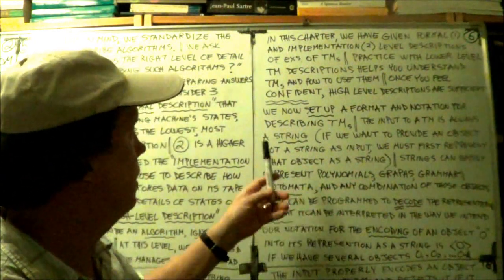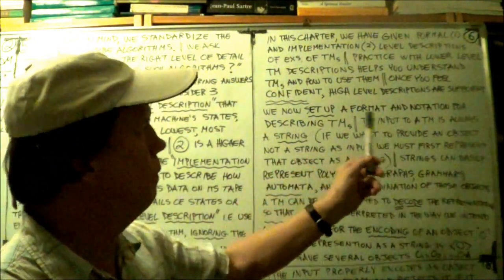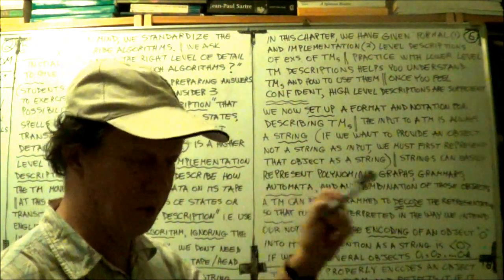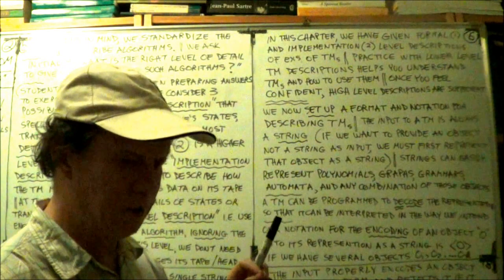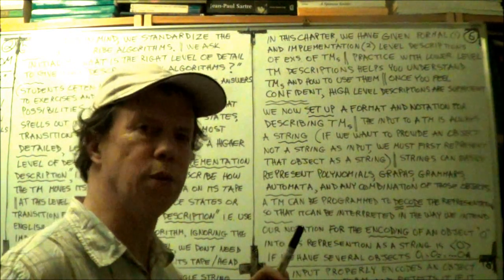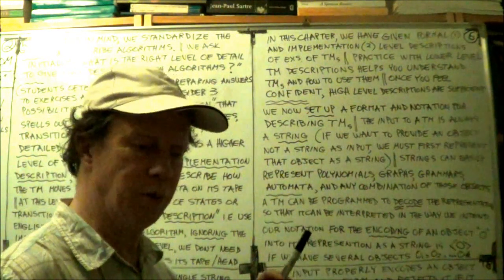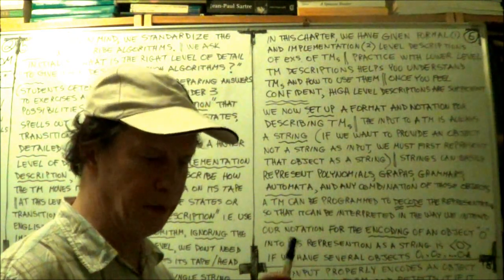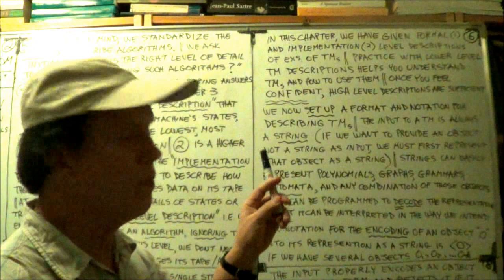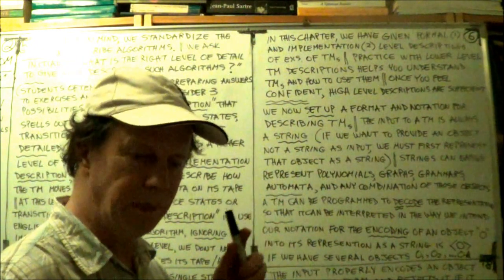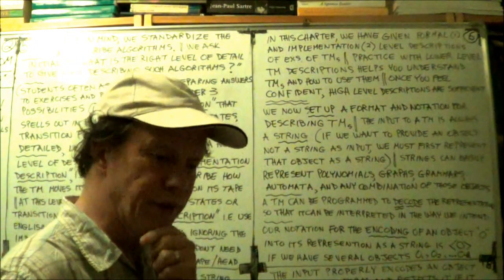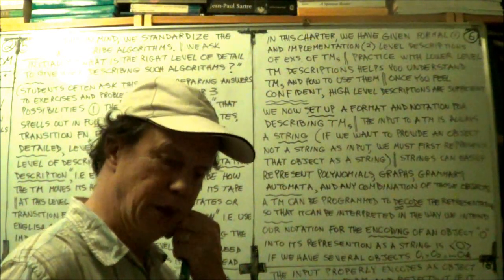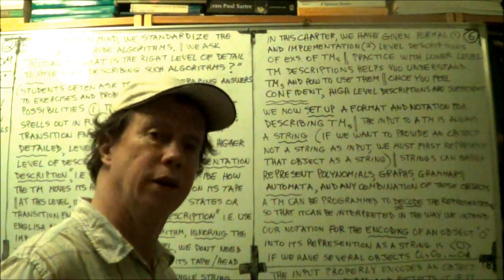Right. So if your Turing machine always has as input the string, then how do you put your problem, so to speak, into the Turing machine? The technical word is to represent. So how do you represent a problem in the form of a string?